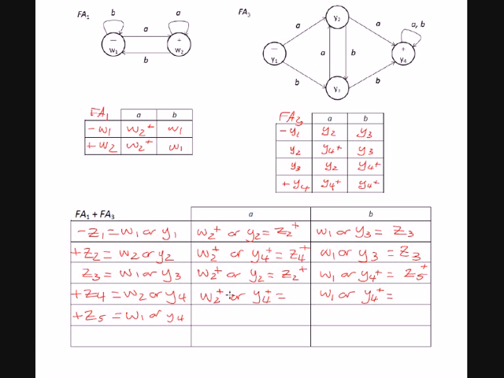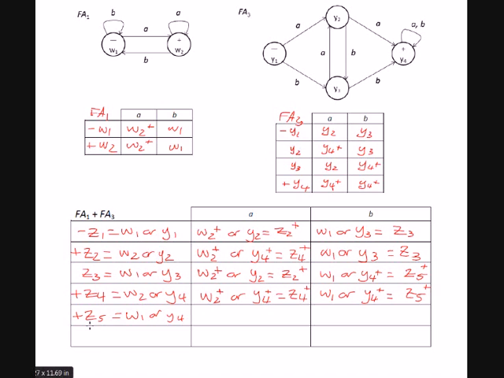Now look for this combination, W2 or Y4. W2 or Y4 does exist, it's Z4, and that is a final state, so I'm going to include it as such. W1 or Y4, I do have that already, that's state Z5, which is also a final state.